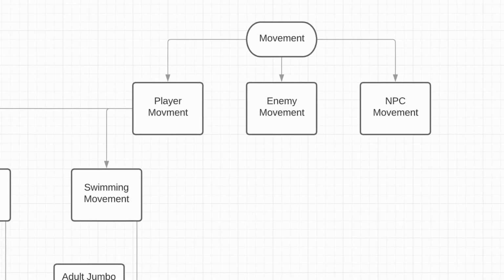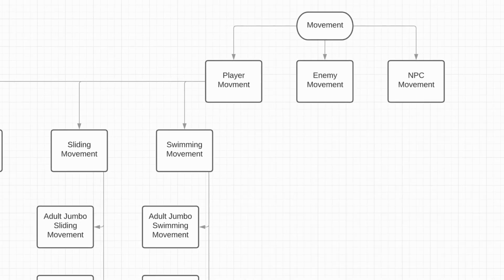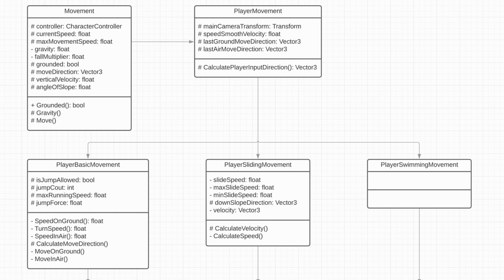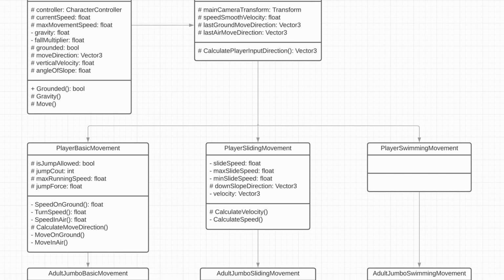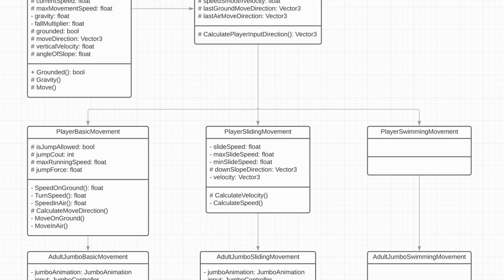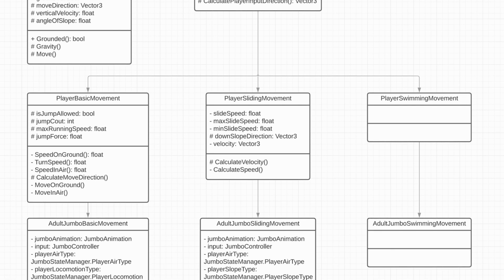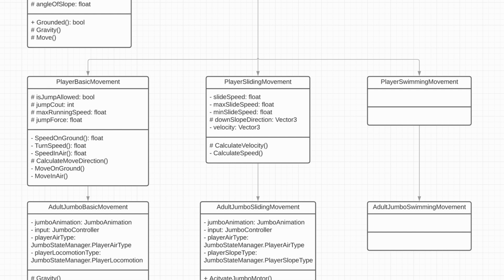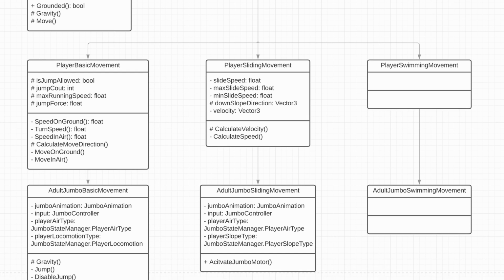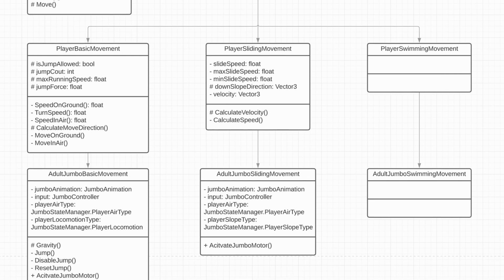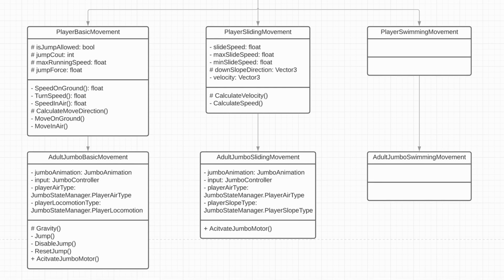To visualize this change, I created a flowchart to get my thoughts onto a piece of paper. I then zoomed the focus in to a UML diagram that would entail the movement inheritance structure for just Jumbo himself. So now I have an easy way to code the sliding movement without being interrupted by code that I've already created for the player's basic movement.